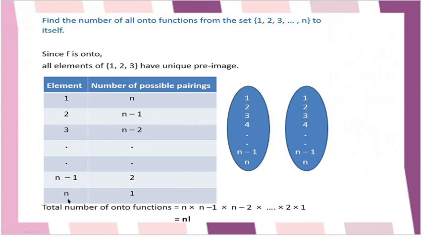And same way, when we reach number n, there will be only one single choice. There will be no choice in fact. There will be only one element left and n will be mapped with that number only. So the total number of onto functions is n into n minus 1 into n minus 2 up to 1. And this is nothing but n factorial.